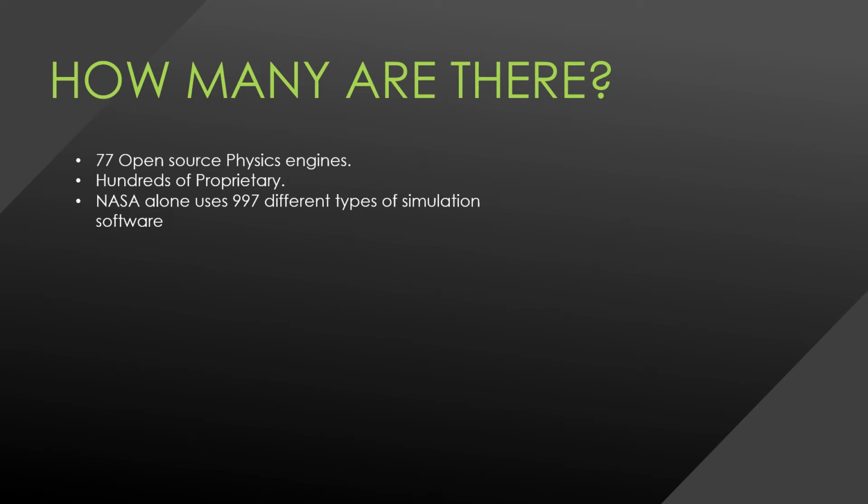The businesses quite often these days are developing their own physics engines to fit their own simulations and suit their own needs. Every different car company has their own. BMW would use a different one than Ferrari, than Tesla. Even NASA alone develops all kinds of their own different types of simulation software. But each different part that gets developed by a company has to go through different types of simulation.